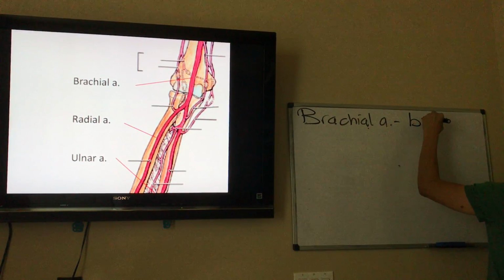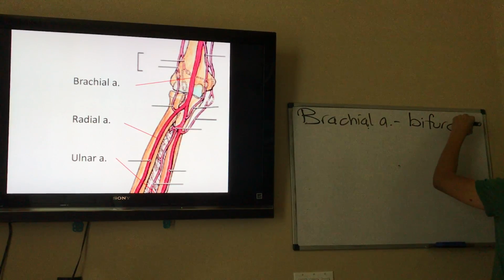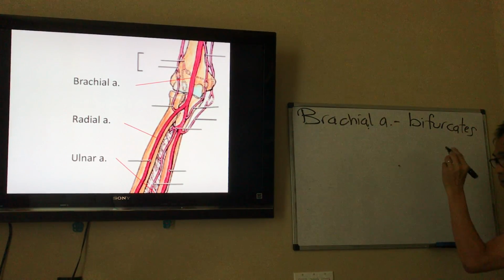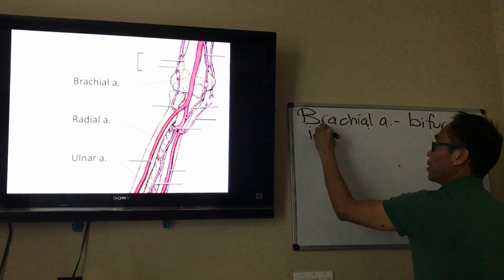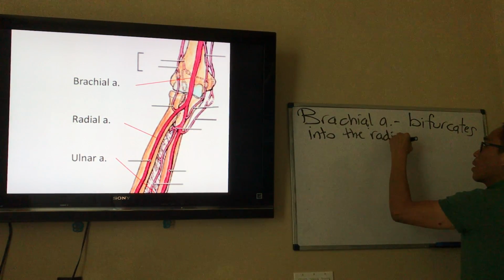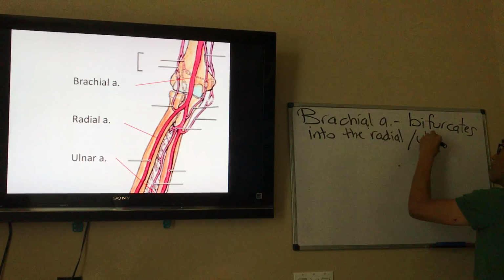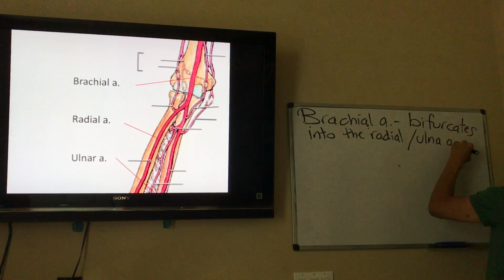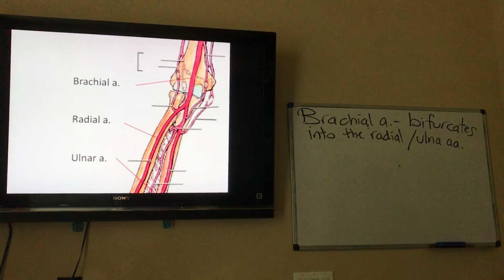The brachial artery divides or bifurcates, keep using that word, bifurcates, into the radial and ulnar arteries. You know, the arteries are named for the bones of the forearm.